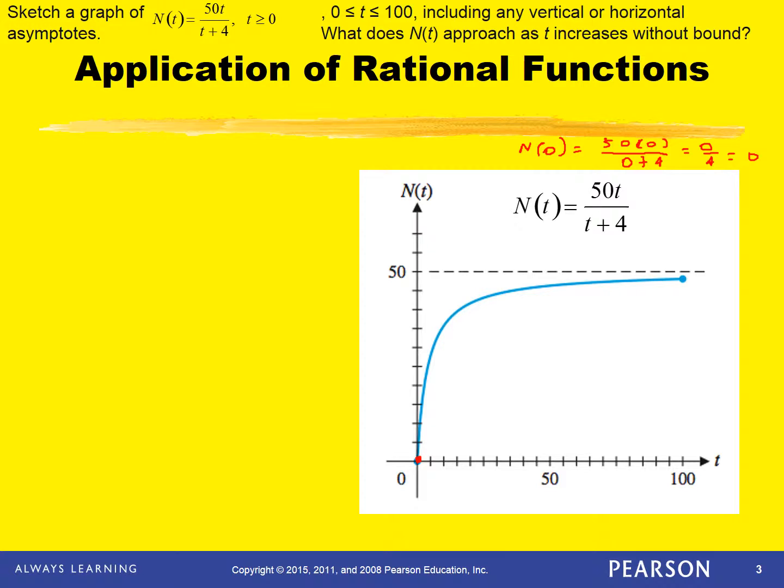And it does include some other points. You could find N(1). You could find N(50), and you'd have to substitute 50 for t in both places to get some points. Maybe the easiest one would be 6. Suppose you had t equal to 6.